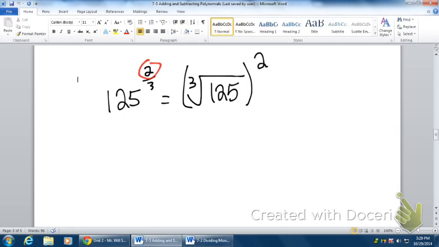Whatever my value becomes, I need to square it. We already determined that the third root of 125 is 5, so we're going to end up with 5 squared. That simplified is 5 times 5, which is 25. So that's a little bit different. It's the same steps, but that numerator tells us at the end we need to square that number.